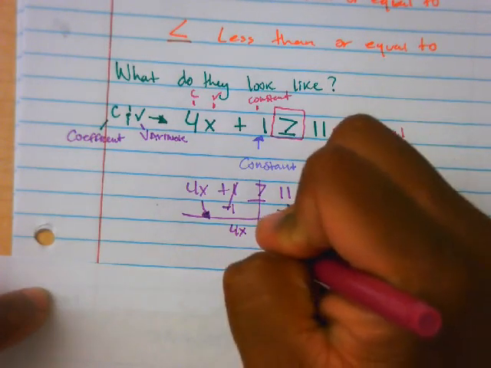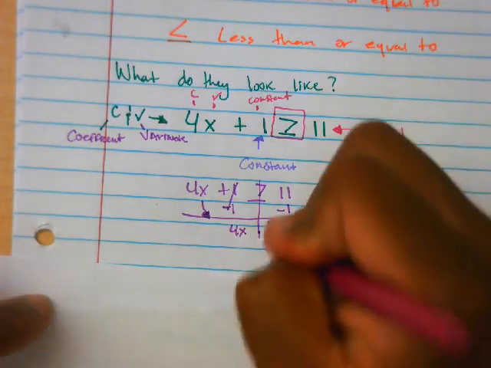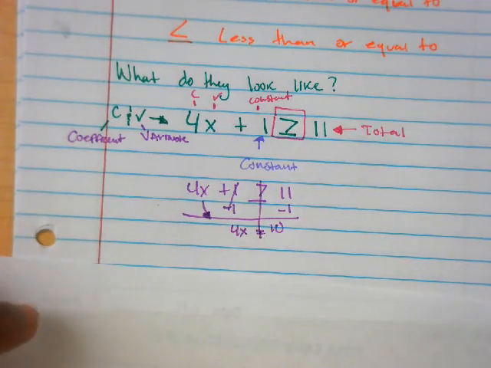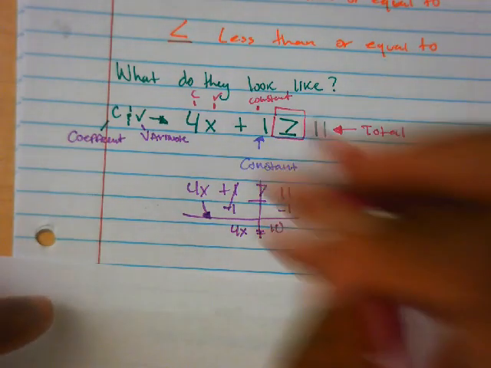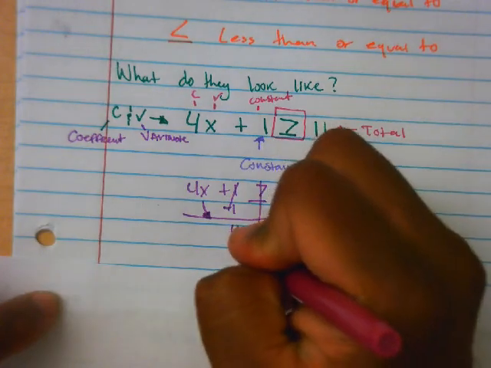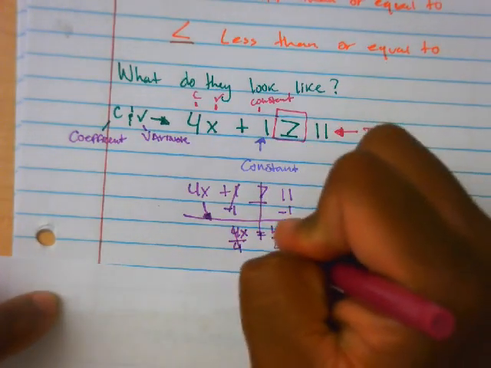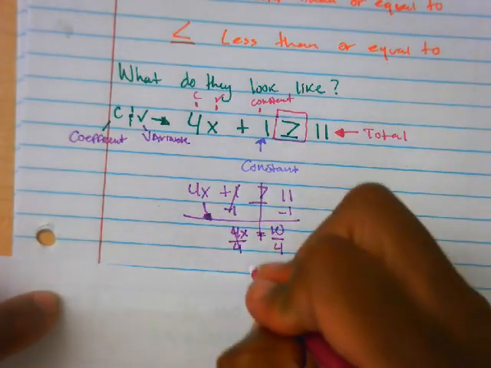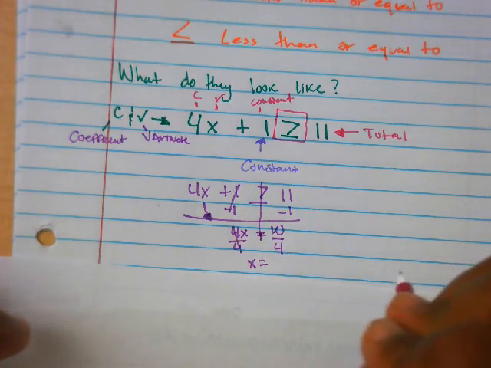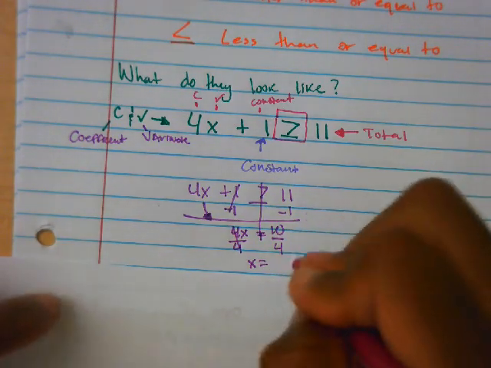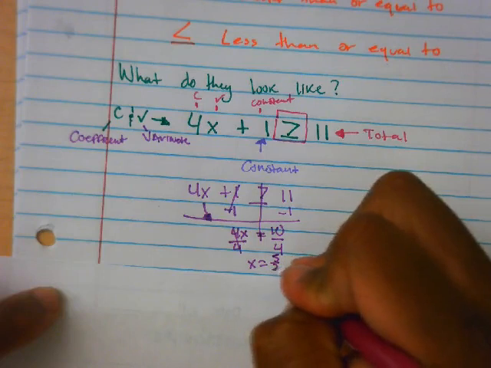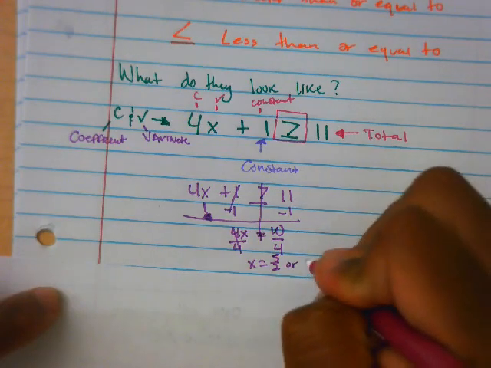So now I have 4x is greater than or equal to 10. Now I divide here by 4, I divide there by 4, so x is greater than or equal to 5 over 2, or 2.5.